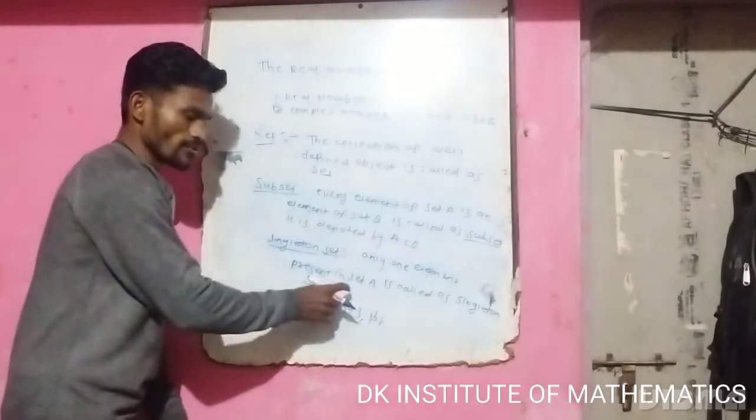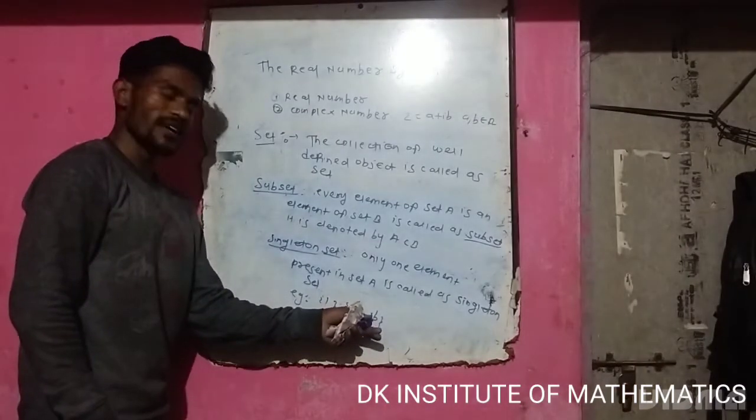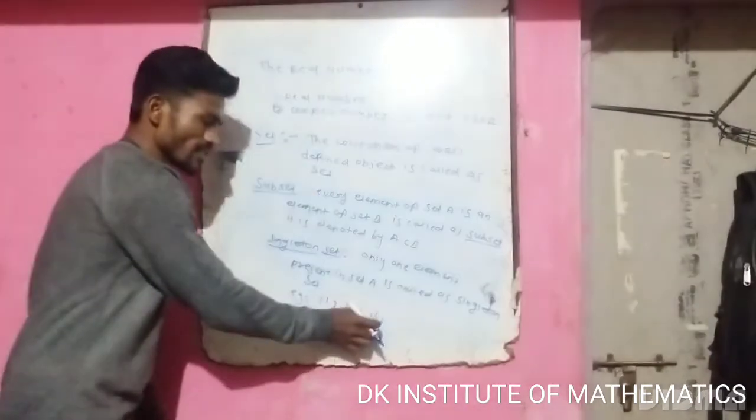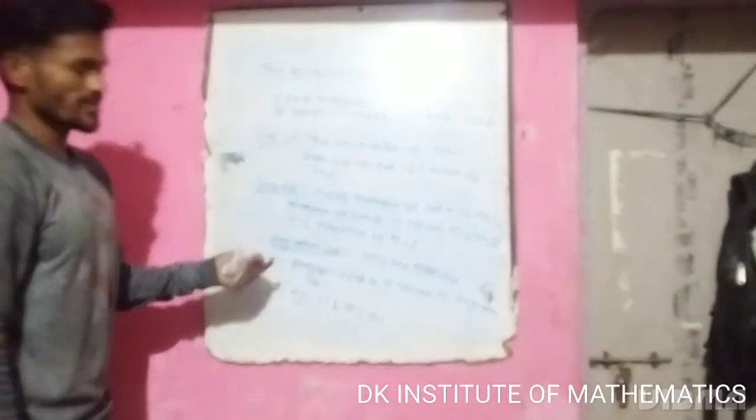In this set, only one element is present, small b. These are called singleton sets.